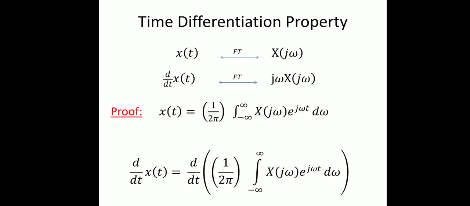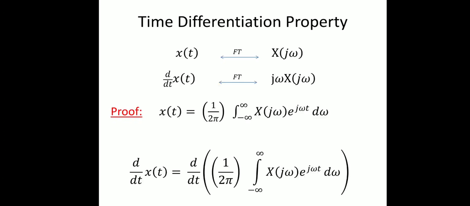On differentiating, we will have d by dt of x of t equal to d by dt of 1 over 2 pi integral omega from minus infinity to plus infinity X of j omega e power j omega t d omega. Now, the integral is written for omega and we are differentiating with respect to t.